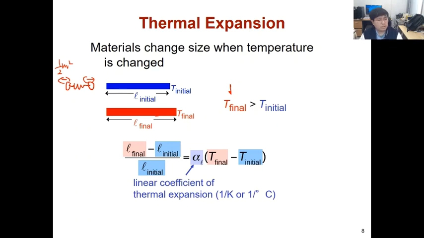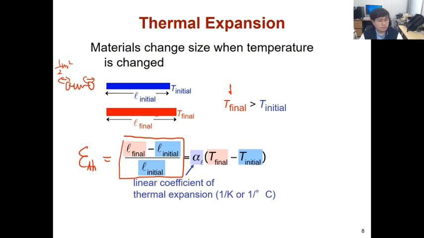This is the way we can determine the thermal strain. We use TH as a subscript, so the strain is expressed as the length change with respect to the initial length. This is the thermal strain.